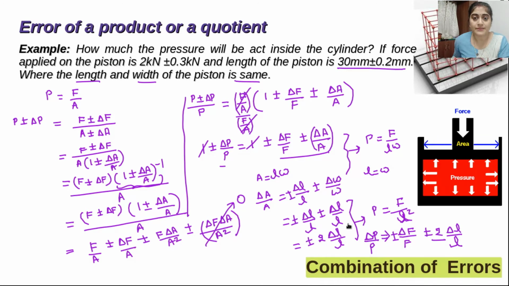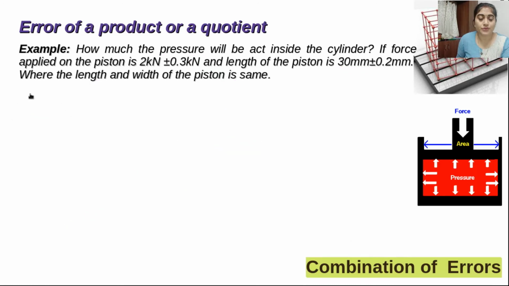One more example I will take, but before that I will solve this, because we have to calculate the pressure. So we have to find the pressure plus the absolute error. Now we know delta P upon P. At the time of the exam, you have to solve from here.